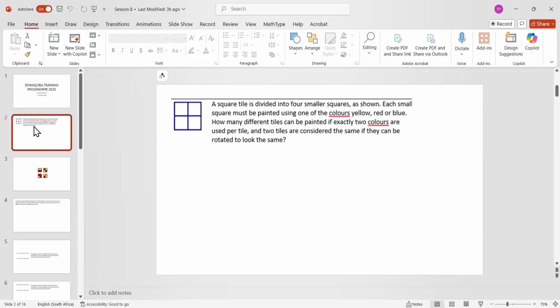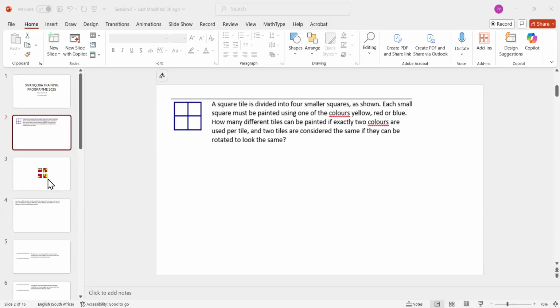All right, so in other words, the 4 squares will be colored in any one of 3 colors, either yellow, red, or blue, and we want to know how many different tilings are possible. All right, so let's just go straight into the problem.